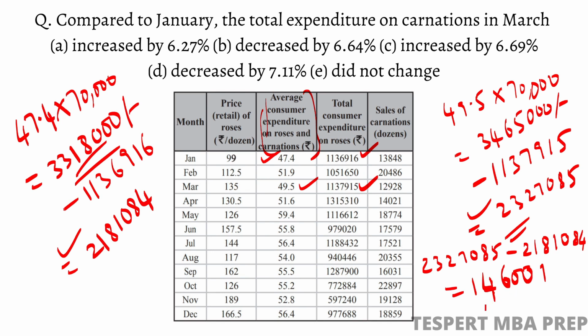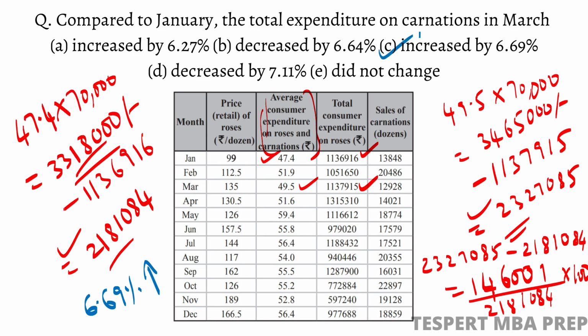So percentage change means we have to put the base value in the denominator. So what is the base value here? This one. So divided by 2181084 into 100, and after calculating we will get 6.69% increase, right? So option C is the answer.